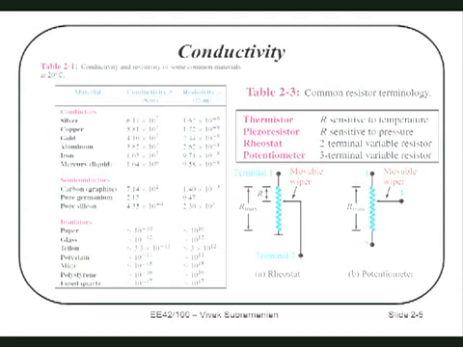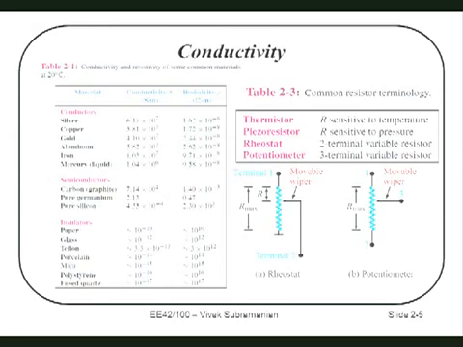But you can see, if I look at the numbers, typical conductors that we deal with are metals. Not all metals are good conductors, but most metals tend to be reasonable conductors. And you can see that they have really low resistances. Their resistivities are on the order of 10 to the minus 8. Compared to an insulator.